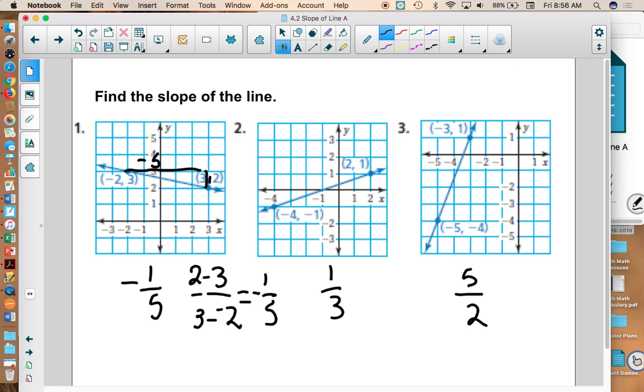Did you use -4 minus 1 over -5 minus -3? That's over -3, okay? And so then when you add the opposite here, you end up with -5 over -2, which is the same thing as 5 halves. Okay? All right?